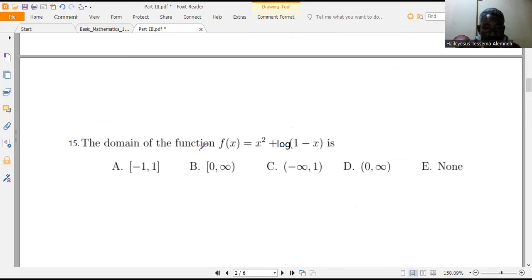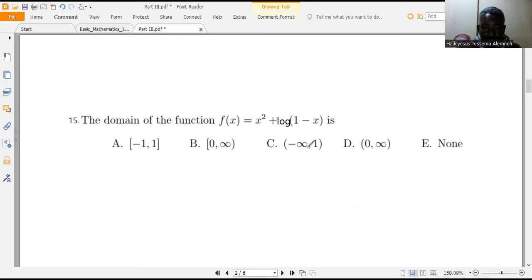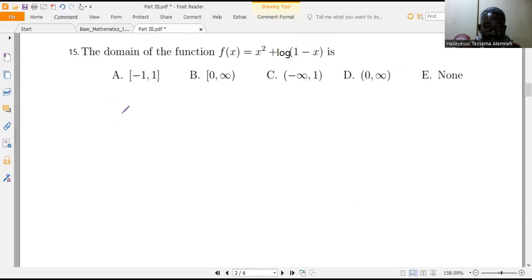And the domain of the function f of x is equal to x squared plus log of 1 minus x. F of x has two functions: f of x is equal to g of x plus h of x, where g of x is x squared.